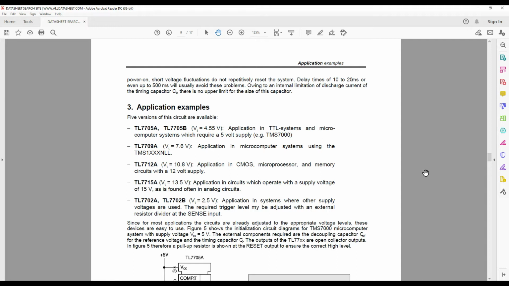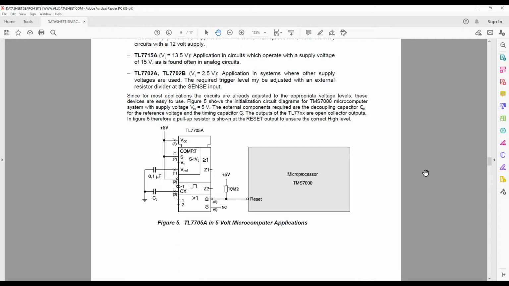TL7702A and B, 2.5 volts: application in systems where other supply voltages are used. The required trigger level may be adjusted with an external resistor divider at the sense input. Since for most applications the circuits are already adjusted to the appropriate voltage levels, these devices are easy to use.